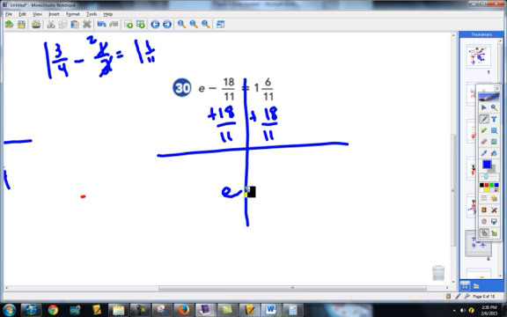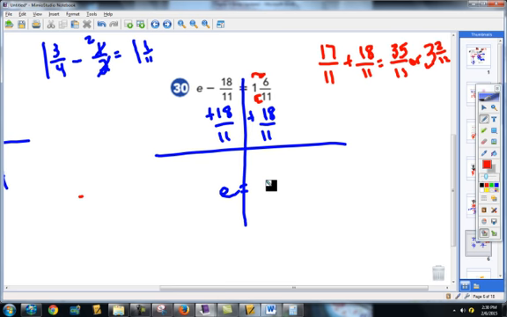And that's going to be E equals. If you don't like this vertical format, you can turn it into an improper fraction and do 17/11 plus 18/11, and that's going to give you 35/11 or 3 and 2/11.